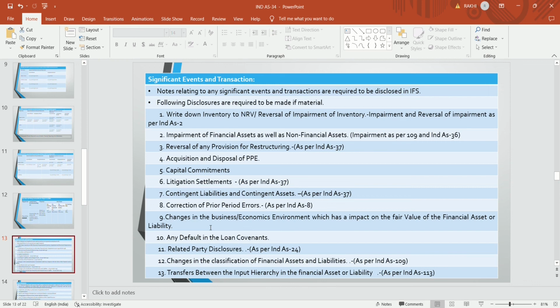Suppose the transaction or event is not material, then it is not required to be given. But if the transactions or events are material, they are significant.